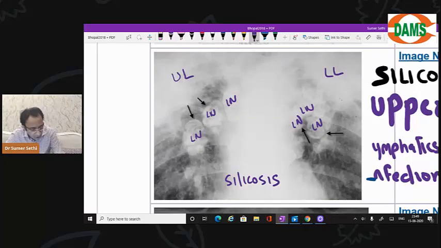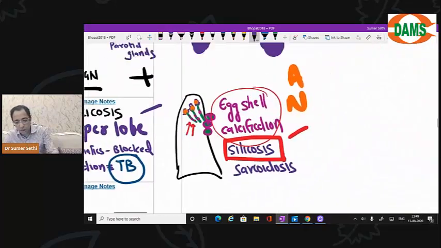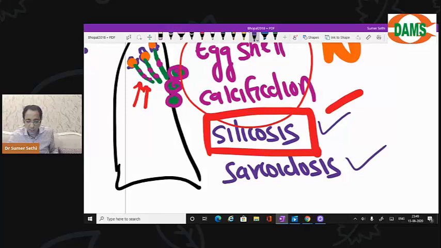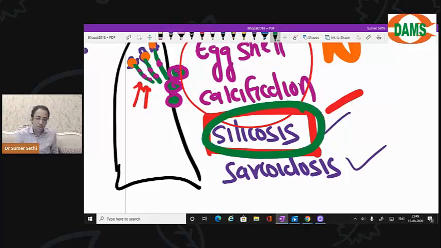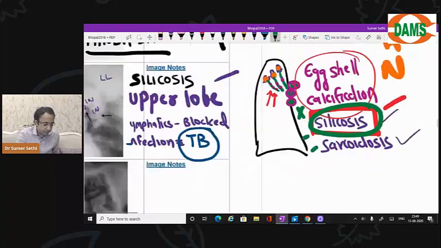Yes, and eggshell calcification I just mentioned, beta, is seen in both silicosis and sarcoidosis, but if one is to be marked in the exam, silicosis is the best answer. Both are correct, but if you have to mark one, mark this.